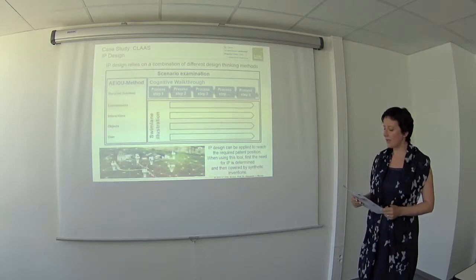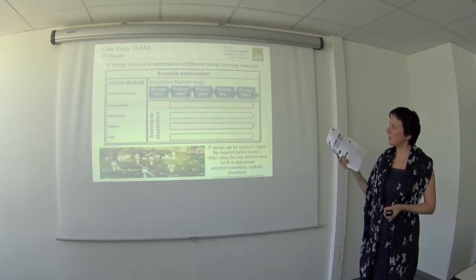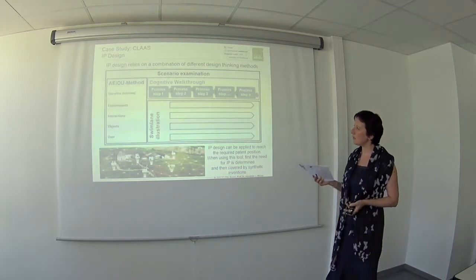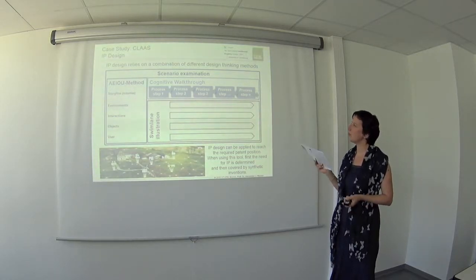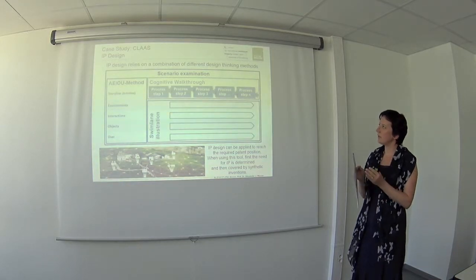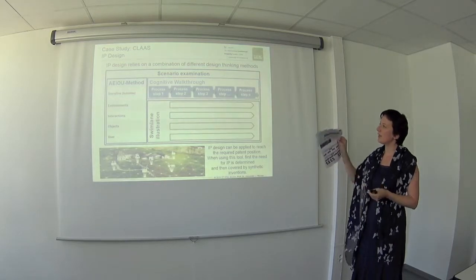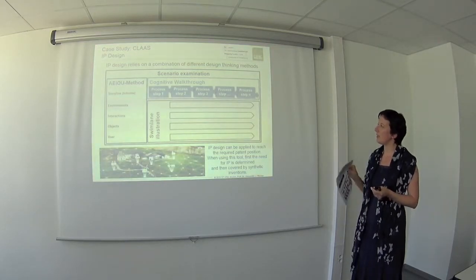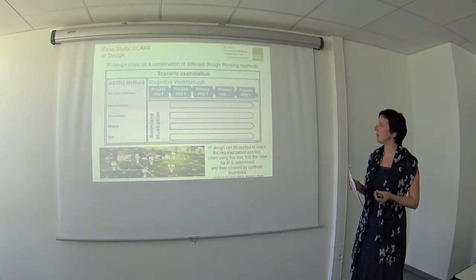So now, how can we develop IP rights in this new sector? We can use a scenario examination with a cognitive walkthrough. The cognitive walkthrough means that we can split a task into different steps, so we can identify which step is really important to protect and where we should have some IP rights.